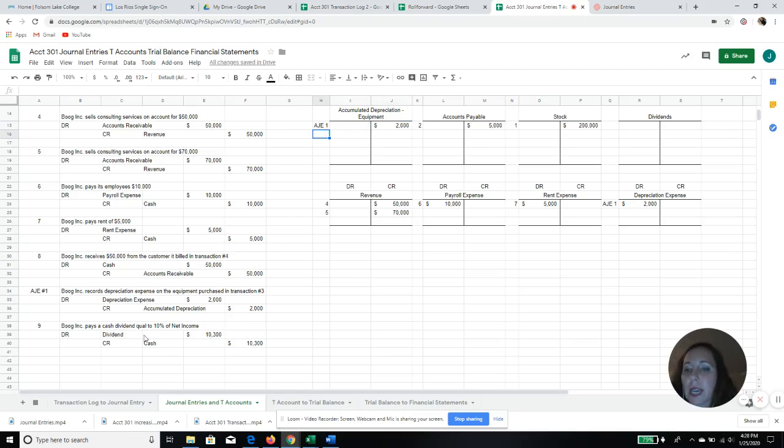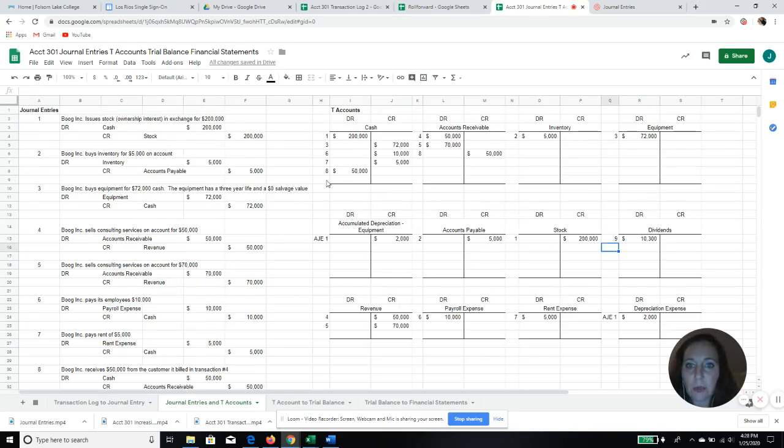Our final transaction, we debit dividends and credit cash for $10,300. So transaction 9, we're going to debit dividends for $10,300. And we are going to credit cash because we decreased cash for $10,300. Okay. So we have all of our entries recorded.